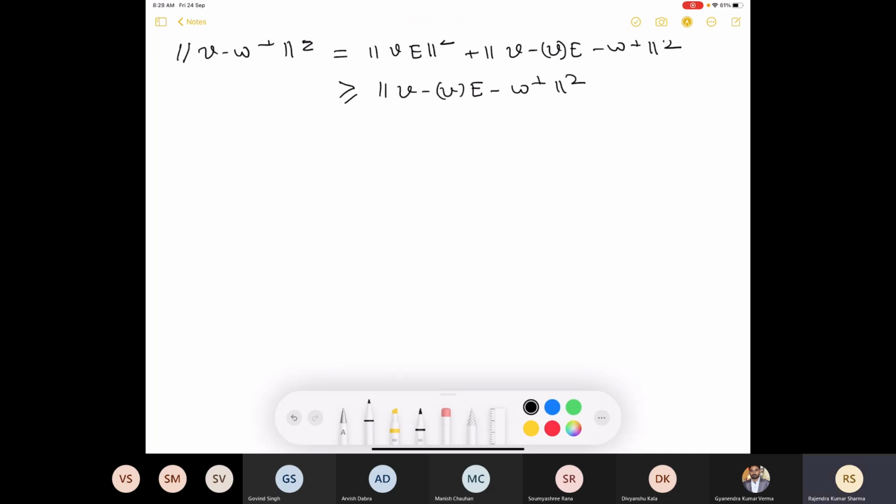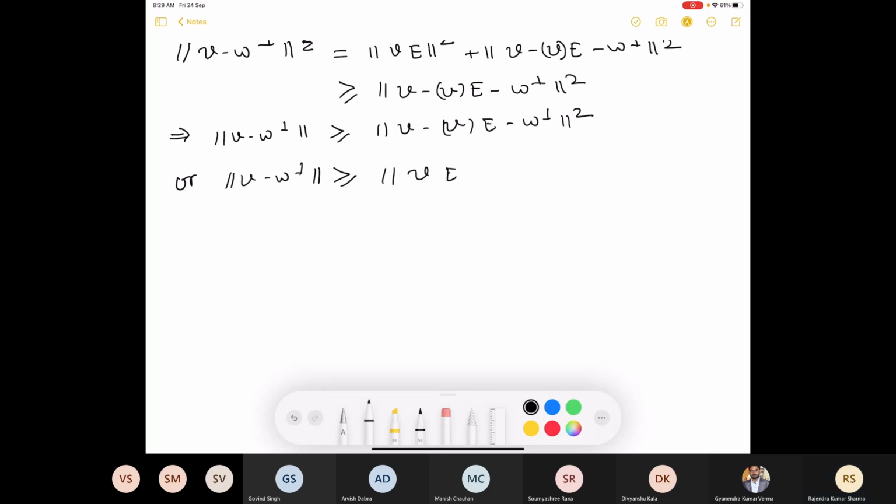Or if you take the square root, that makes the norm V minus greater or equal to the norm V minus VE minus. Or that simply means V minus greater or equal to V minus VE. This is V under E tilde minus W. Square root we have taken from this.